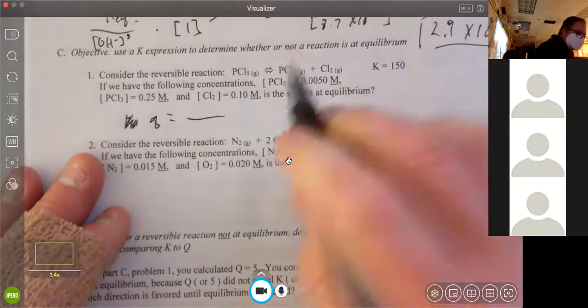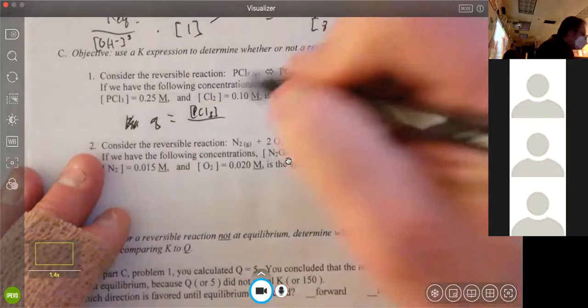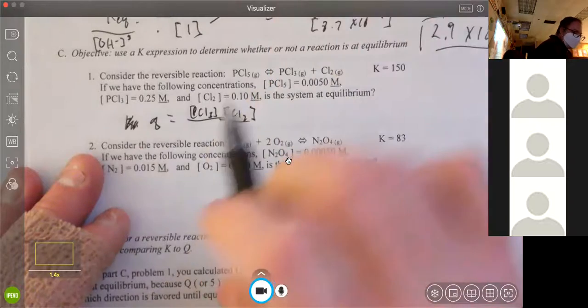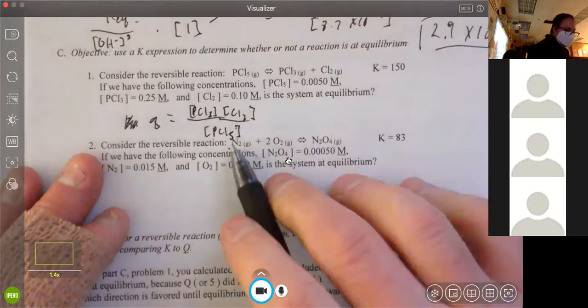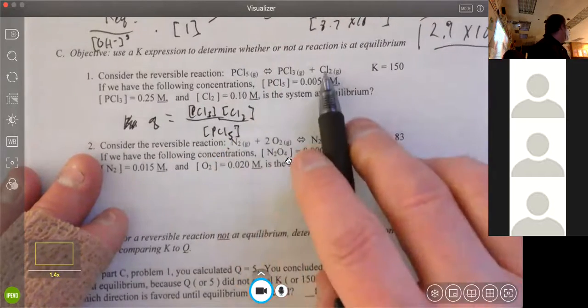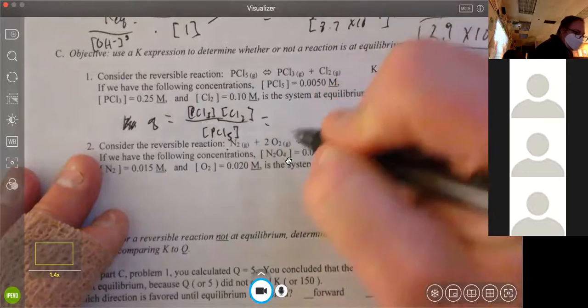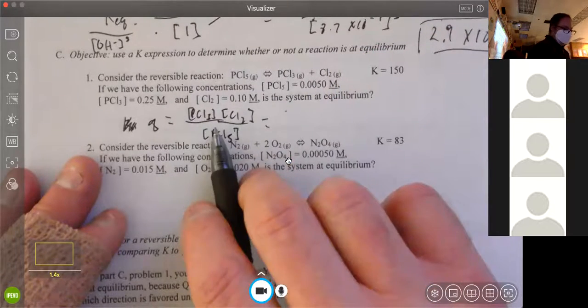So we have products over reactants. It's a 1 to 1 to 1 to 1, so everything is 1. We're going to solve for Q. Now, to tell you the truth, this is what I love about this.